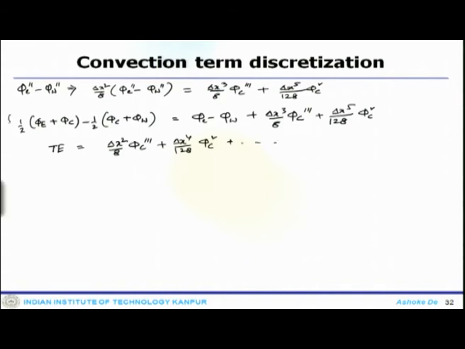So, we divide by delta x, you get this truncation error, which essentially shows that the higher order term is order of delta x square. So, CD is second order accurate. So, that is what it turns out. So, CD becomes a second order accurate scheme.